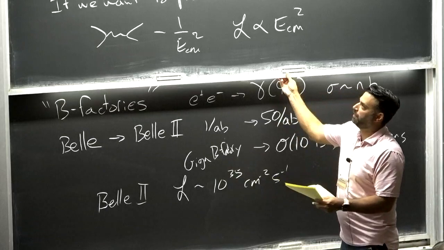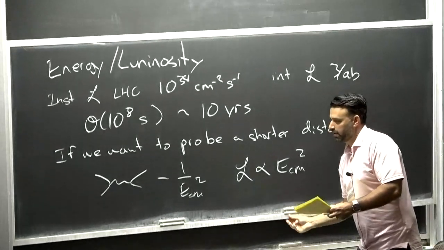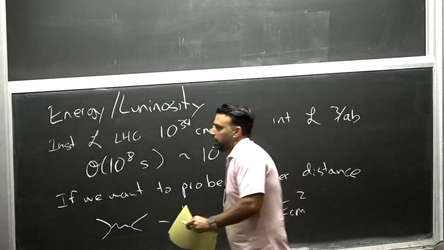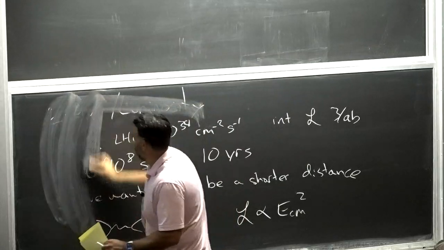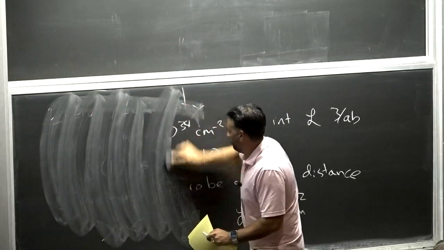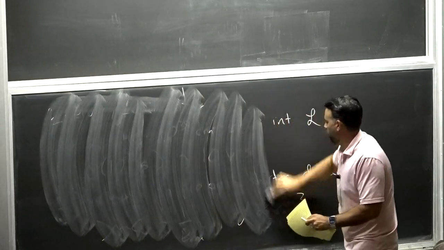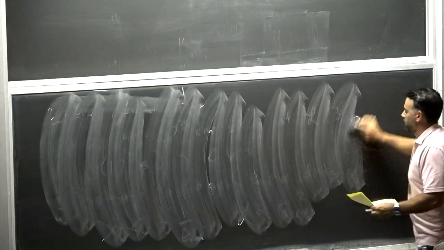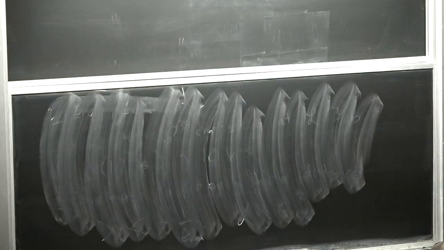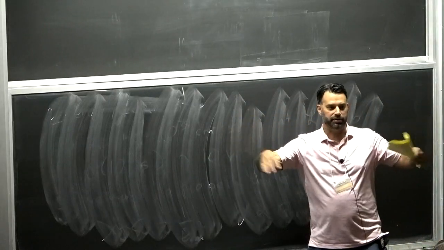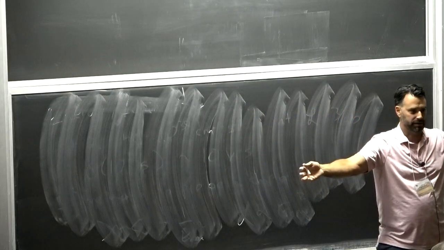But first off, before we get into luminosity, energy is the thing everybody's interested in. So I want to emphasize how, if we could magically scale energies to higher and higher levels, it's not just an input to our colliders and our amplitudes that we want to calculate as theorists. Okay?